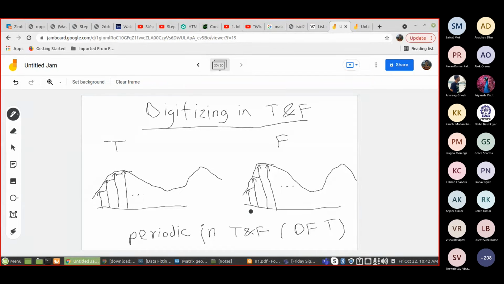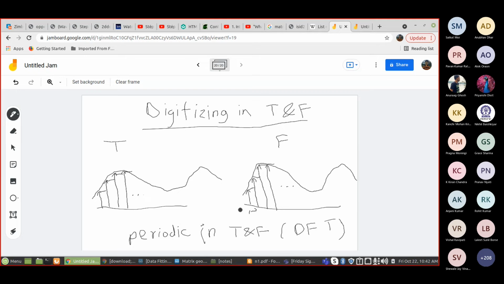All these pieces are of uniform width in the time domain, and we are approximating by these quantized rectangles in both time and frequency, and this is basically what digitization is.